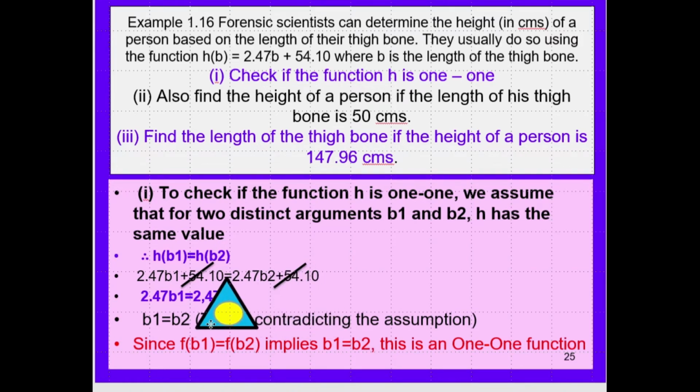Now, on both sides 54.10 is there, therefore they can be cancelled. Then 2.47 b1 equals 2.47 b2. Therefore, b1 equals b2. This contradicts the original assumption. Since h(b1) equals h(b2) implies b1 equals b2, this is a one-to-one function.